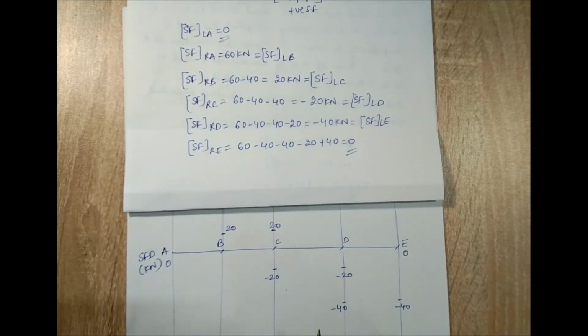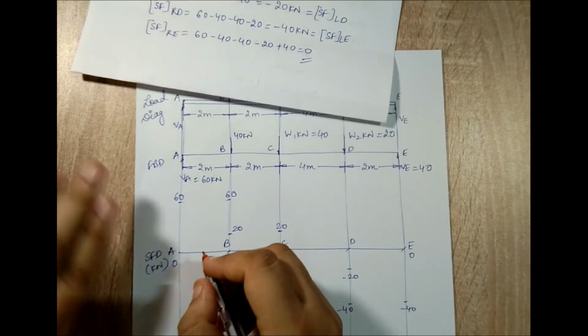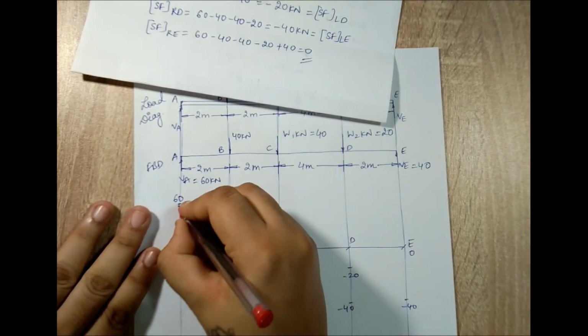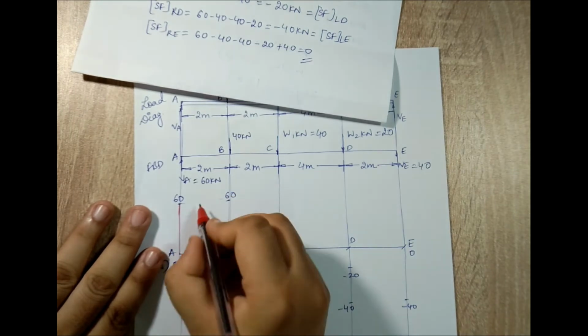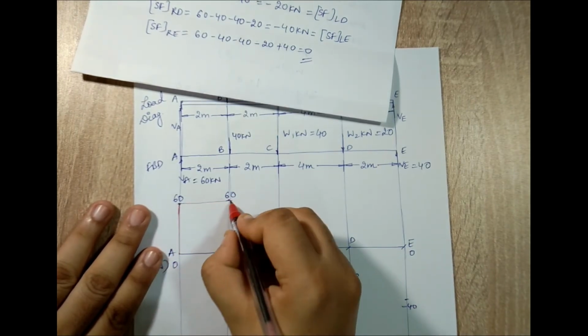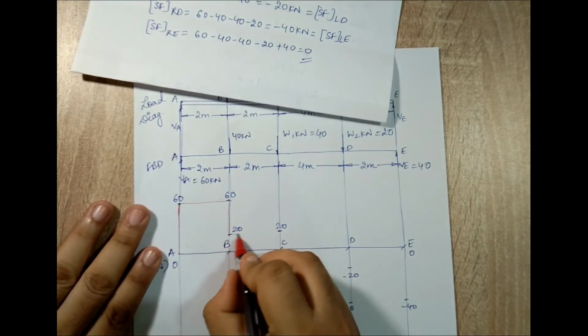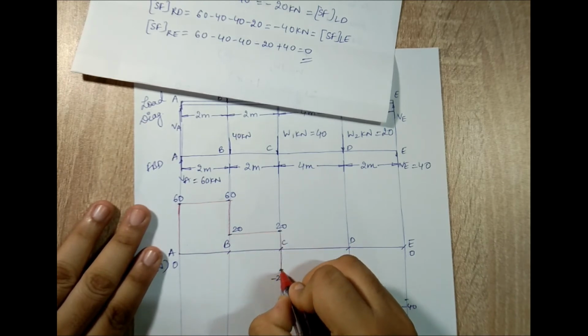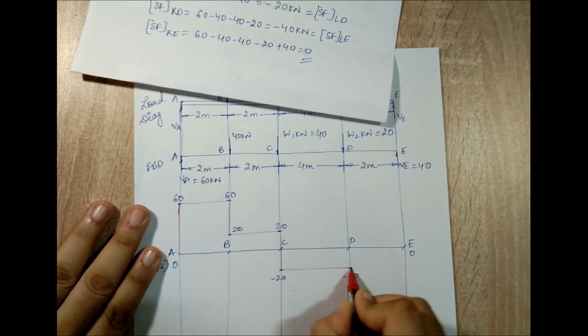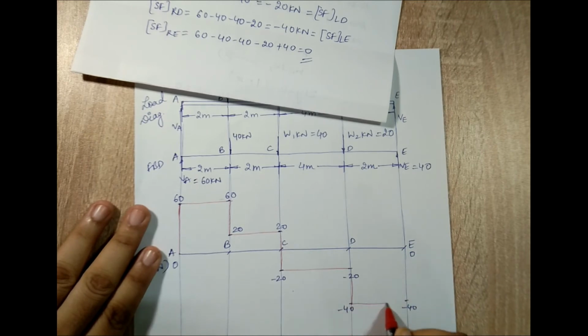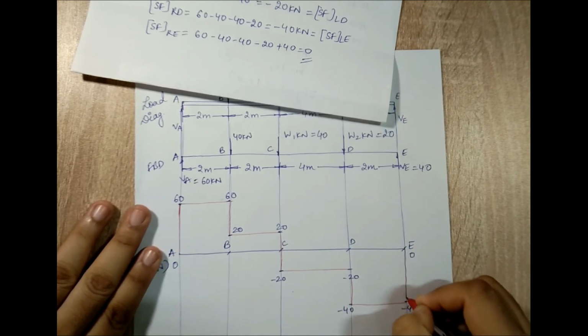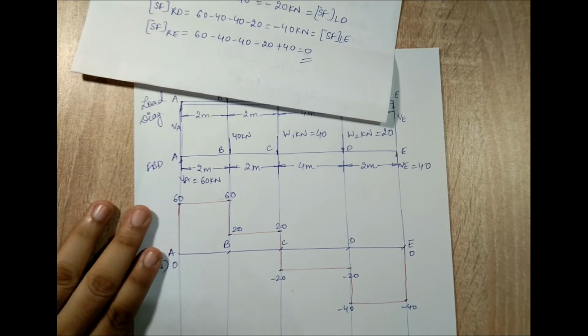Now I'll join these points. I'll start from 0, which is left of A, 60 right of A, again left of B, right of B, left of C, right of C, left of D, right of D, left of E, right of E. So that's how I'm going to join the points.